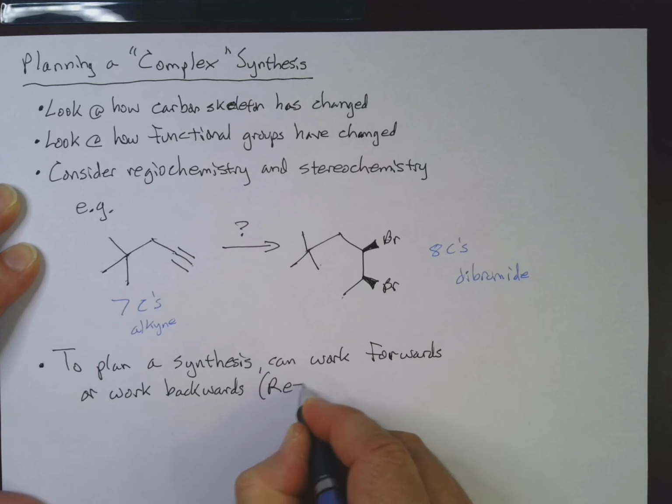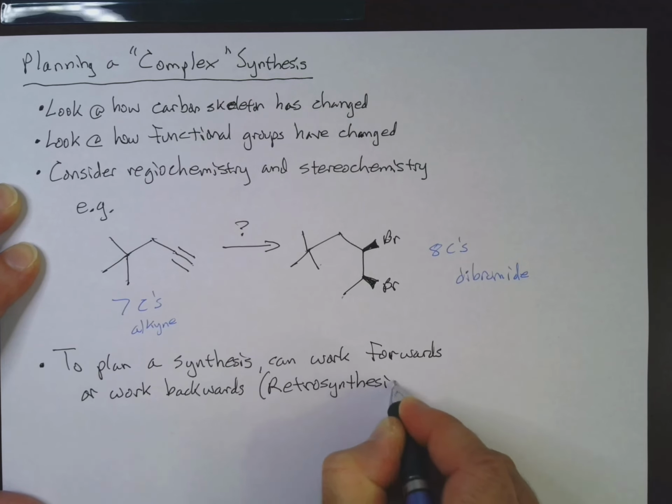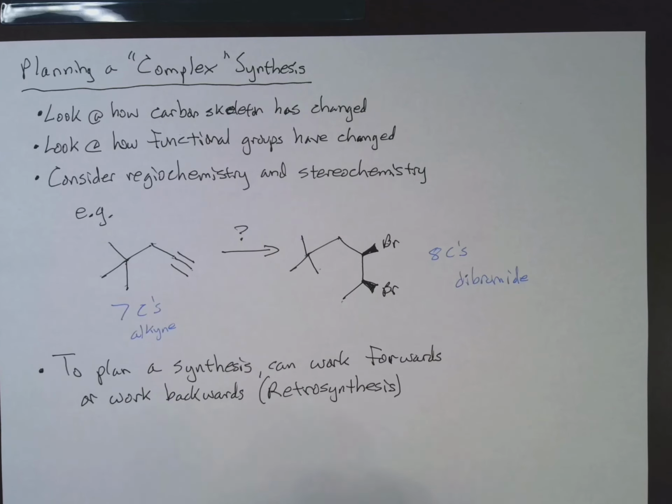And that's called retrosynthesis. I've talked a little bit about this in lab. Actually, I think I did a short lecture video as well. So let's take a look at retrosynthesis, or sometimes called retrosynthetic analysis.